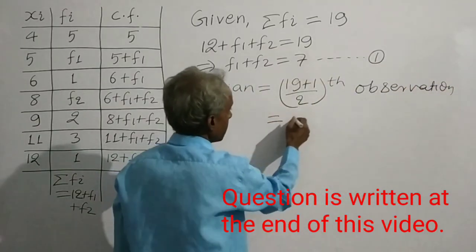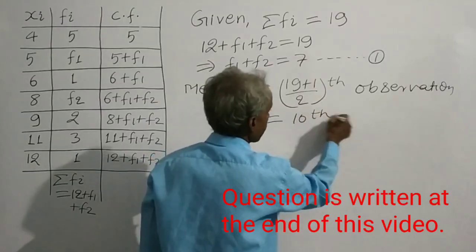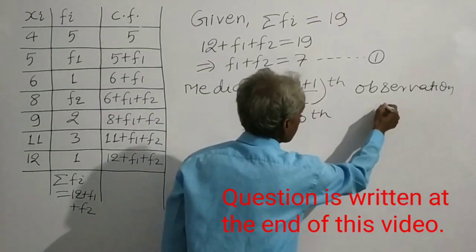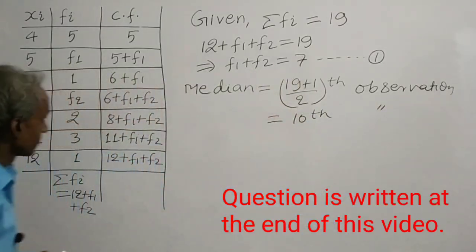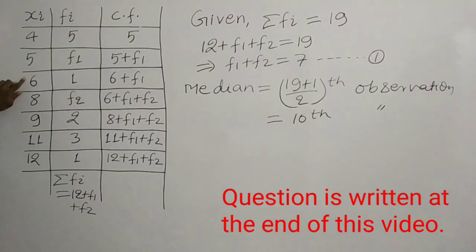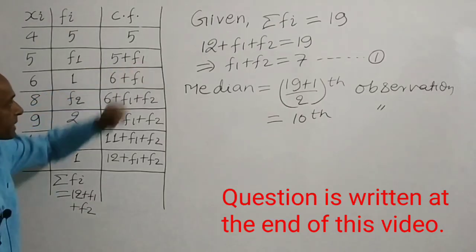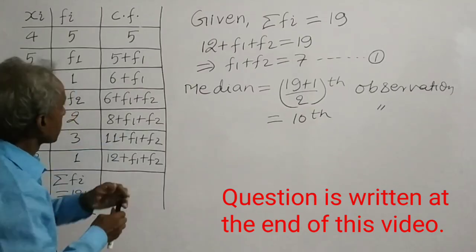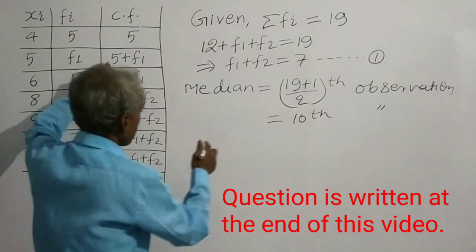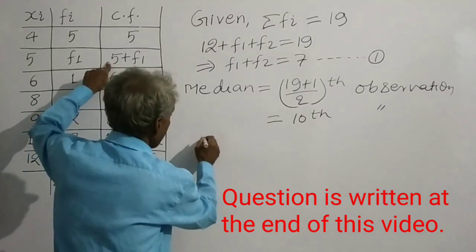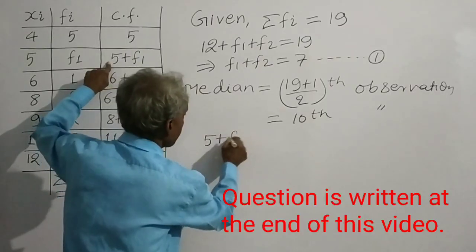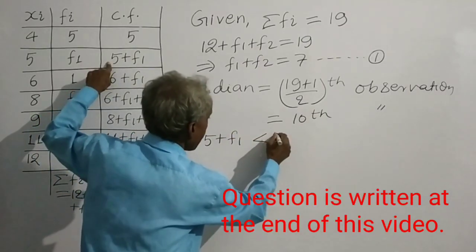That means the 10th observation. If 6 is the median, that means 5 plus F1 is not equal to 10, but less than 10. So 5 plus F1 is less than 10.